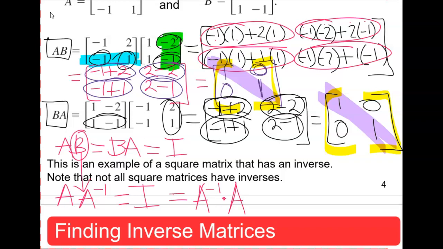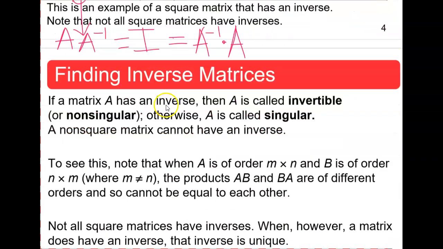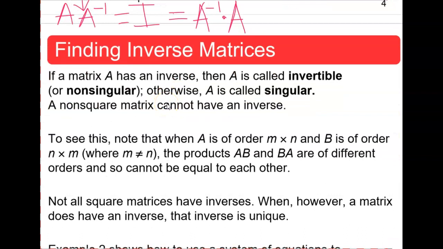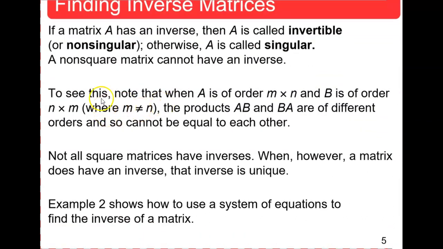And so just to remind you, not all matrices have an inverse, only square matrices, but not just because the matrix is square, that means that it has an inverse. So if we have a matrix, like the previous example, that has an inverse, then we say that matrix is called invertible or non-singular.